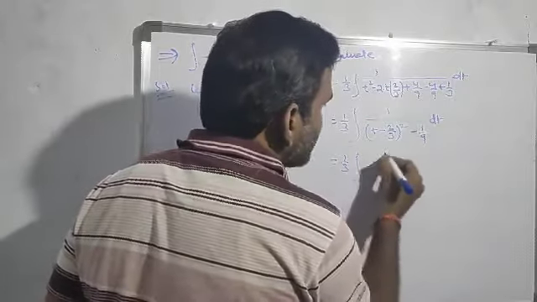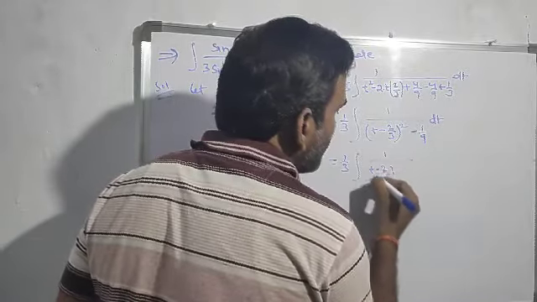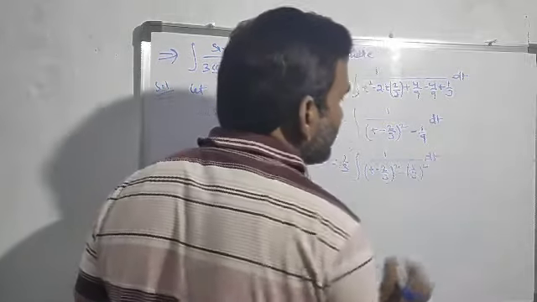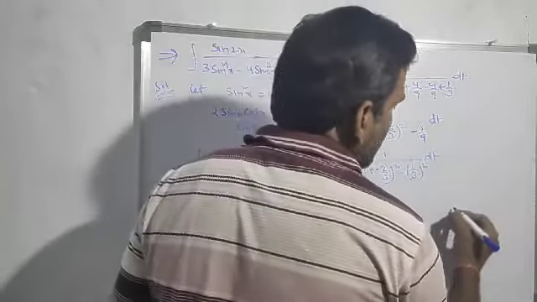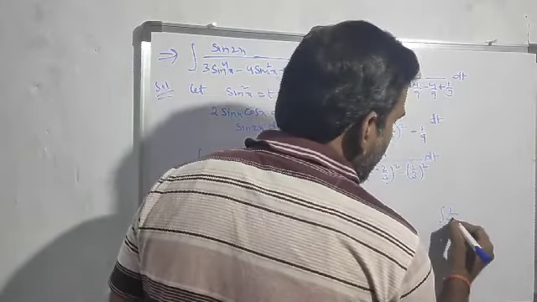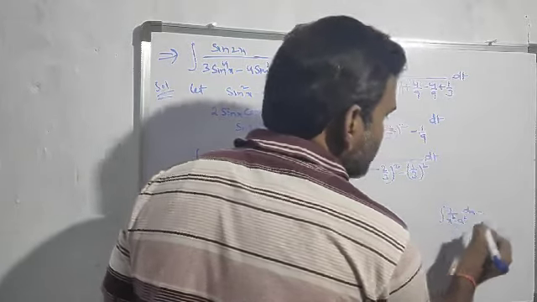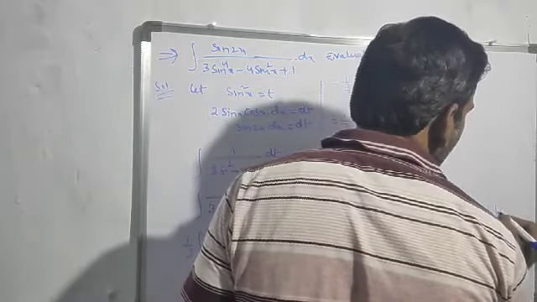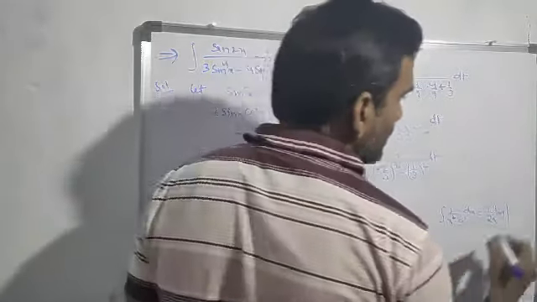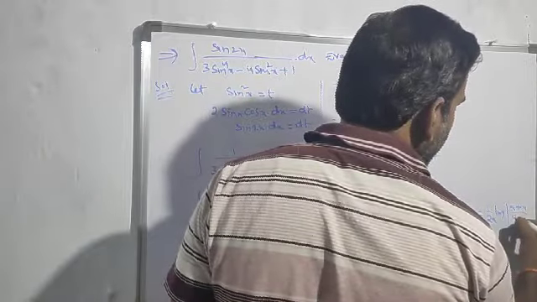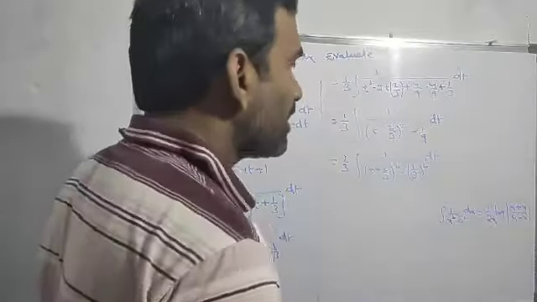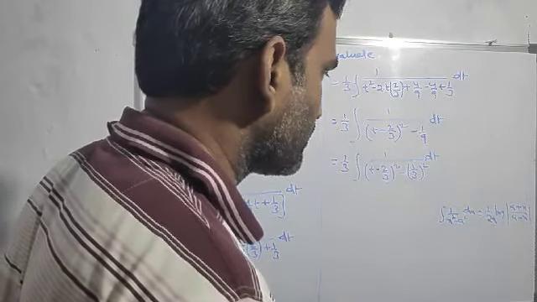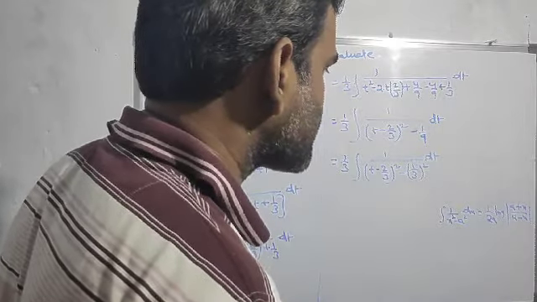So 1 by 3 integration of 1 by t minus 2 by 3 whole square minus 1 by 9, I can write as 1 by 3 whole square, into dt. So what is our formula? Integration of 1 by x square minus a square dx is 1 by 2a log of modulus x minus a by x plus a.